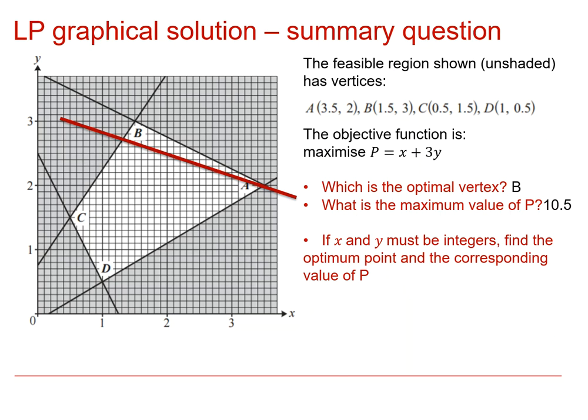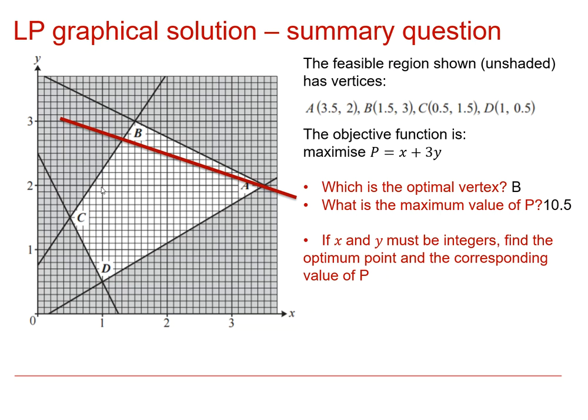So the first thing that we're going to need to do is to think about where there are integer points near to B. So if we look at the scale here, we can see where the integers lie. If I was to try to go for something like 1, 3 there, well, I can already see that that's outside the feasible region, so I'm not even going to bother drawing it.